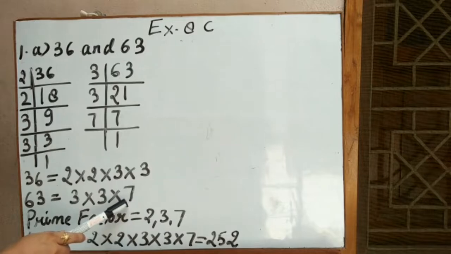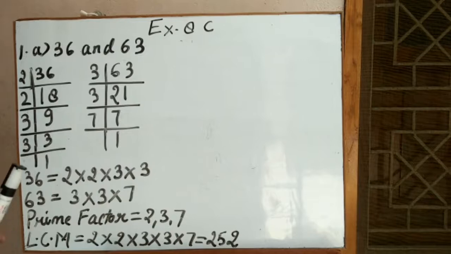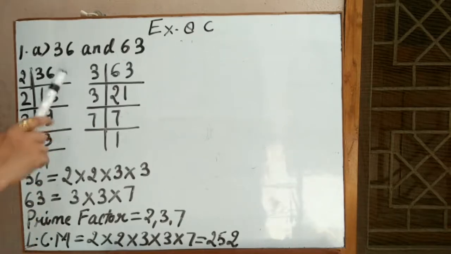And 7, the maximum number of 7 is how many times? That is 1 time. That's why we will write only 1 time 7, by putting a multiplication sign in between the numbers. 2 into 2 into 3 into 3 into 7 is equal to 252. And 252 is the LCM of 36 and 63.